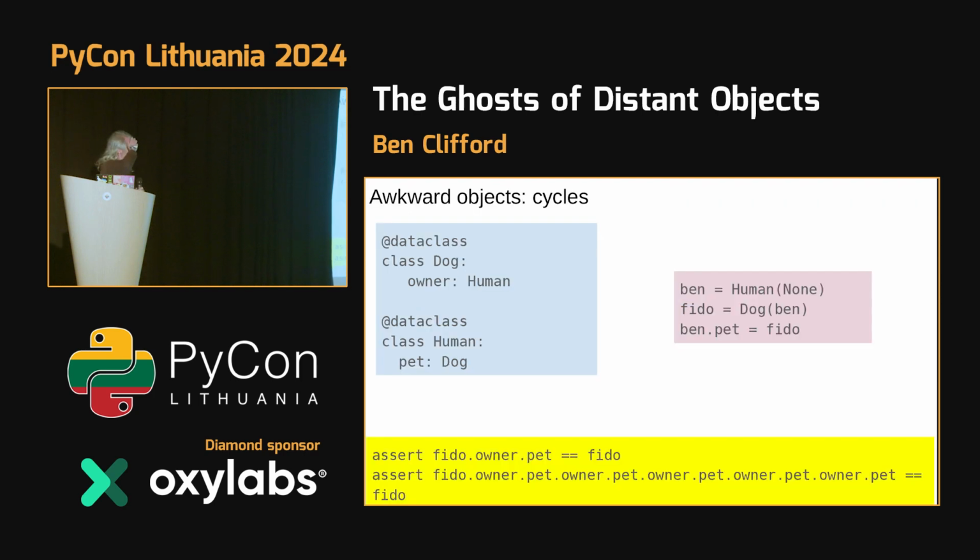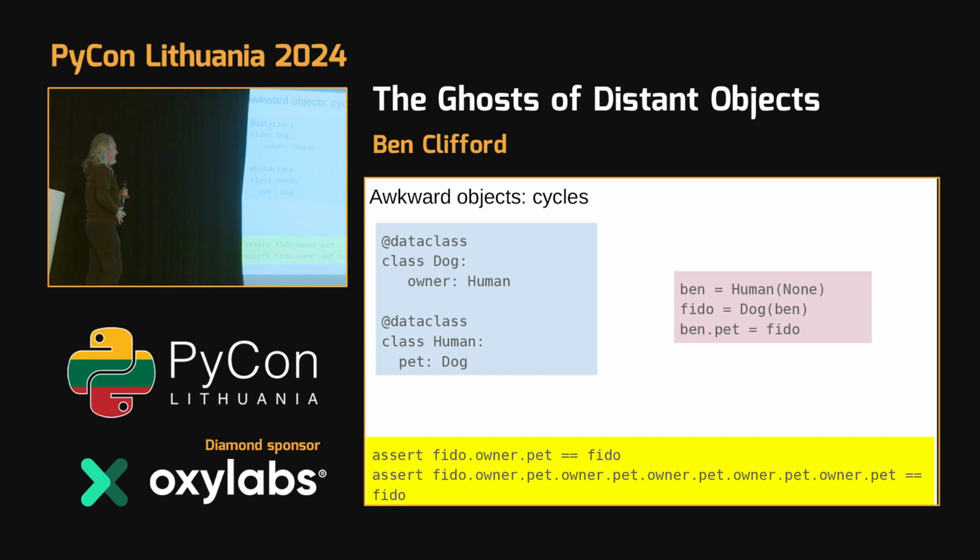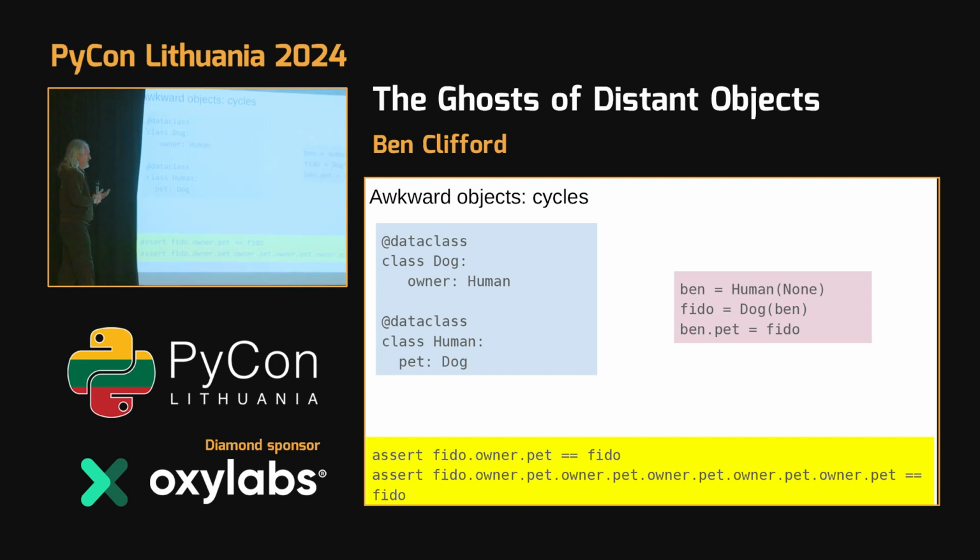Okay, so that was a pretty simple example. Simple in Python and very simple to pickle as well. I'm going to go through a few different kinds of objects that are a bit more awkward to pickle. So there's one with cycles. Basically, it's a shame you didn't get a bit further in your talk, because this is the same kind of setup.